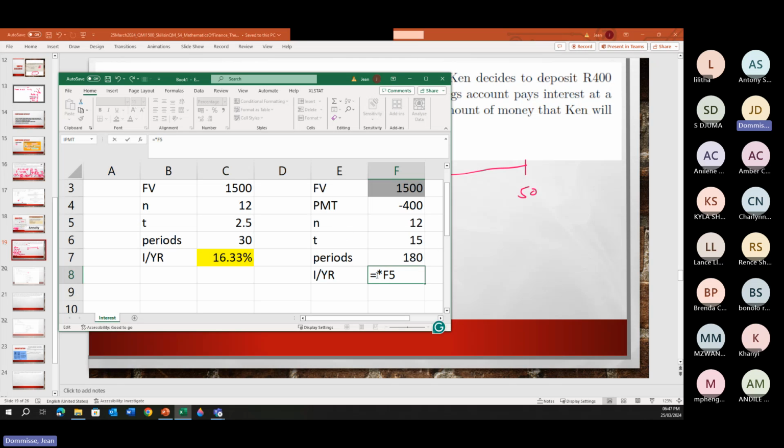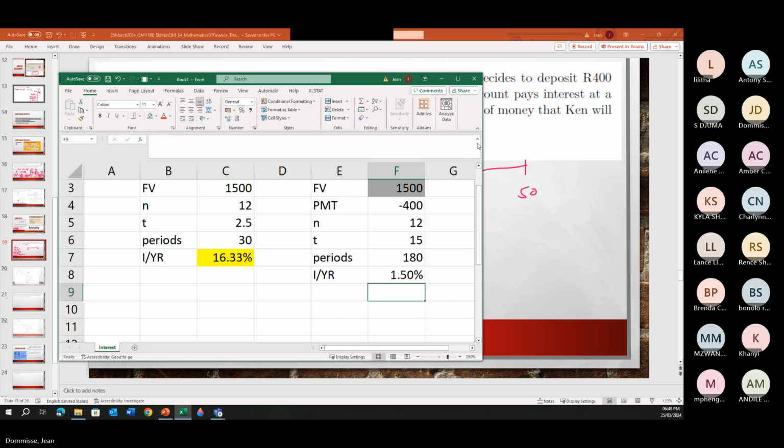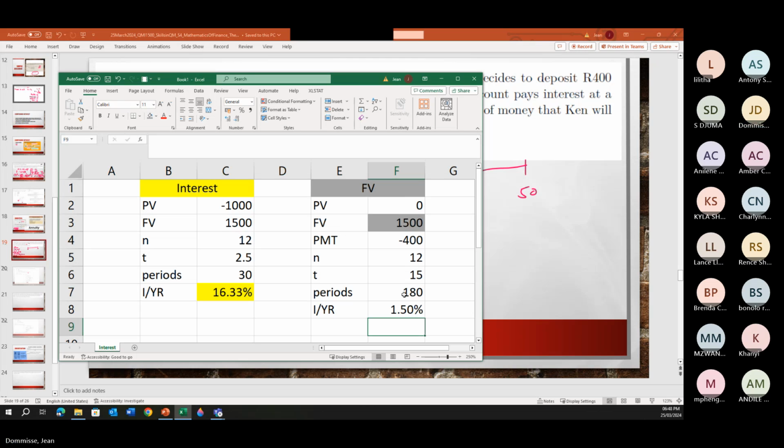So now let's see how Excel sees it. So let's work out the future value.